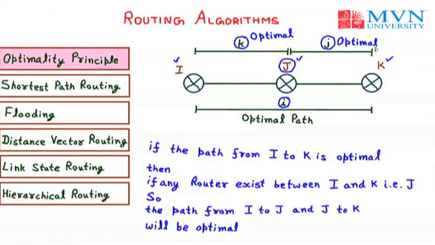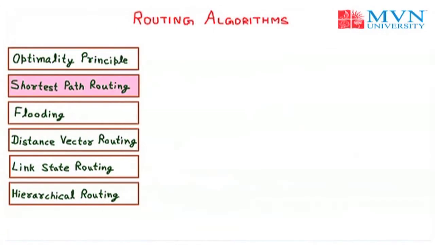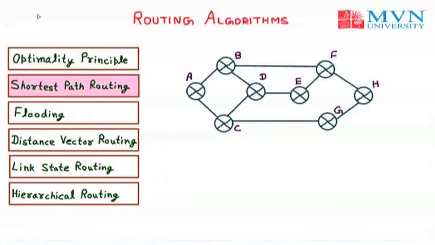Next we have the shortest path routing. To understand it, let us take the example of a diagram which we have earlier discussed. Here we have the different connectivities from A to H. A is our source and H is the destination. We will provide the weights.